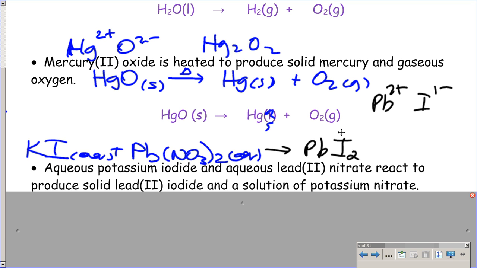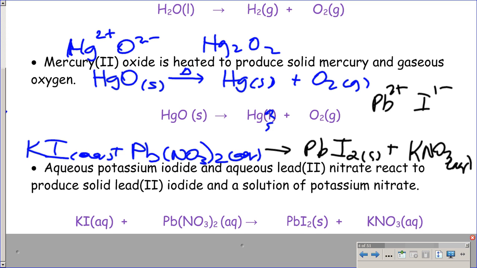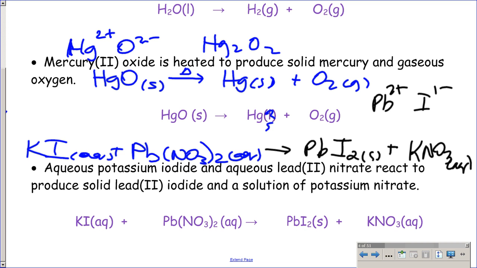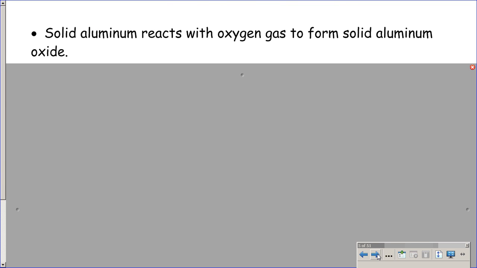I2, solid, right? Okay. And potassium nitrate. Okay, NO3. Good job. Okay, aqueous. And do I have, oh no, do I have one more after this? I think I do. No, I do, but I'm going to go straight to balancing now.